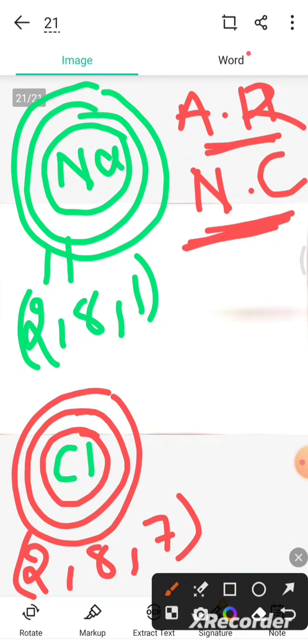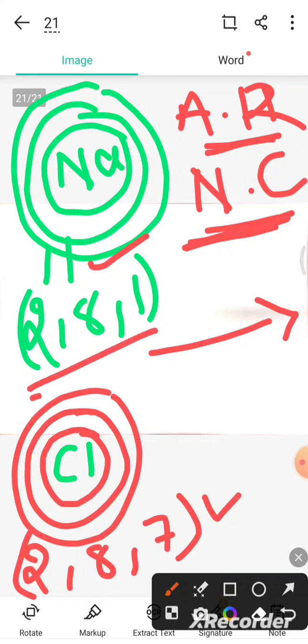So see, in sodium there are a total of 11 electrons and in chlorine there are 17 electrons, and along a period the size decreases. How? Here they both have 3 shells only, but you see there are fewer electrons compared to chlorine.